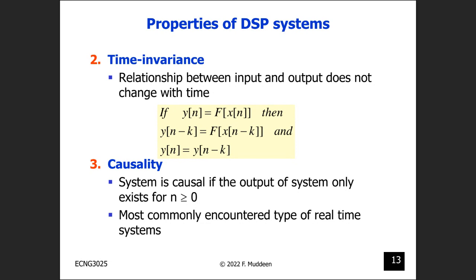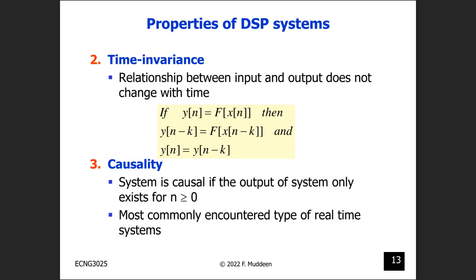And then causality, of course. For real-time systems, for instance, the output only exists after you turn the system on. We did mention this previously in things like signals and systems, where you have stored data. Unless you explicitly say to ignore everything that went before, stored data systems are typically not causal.